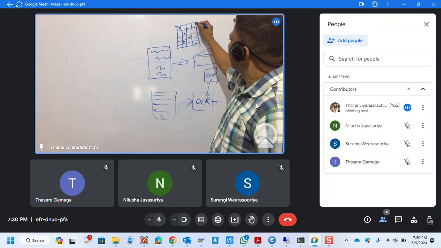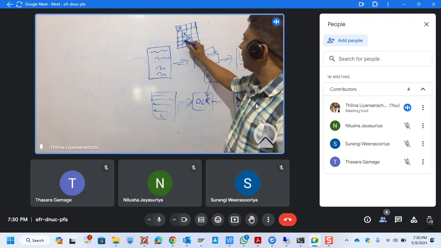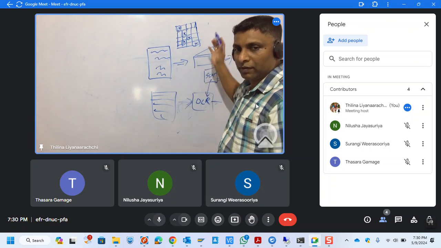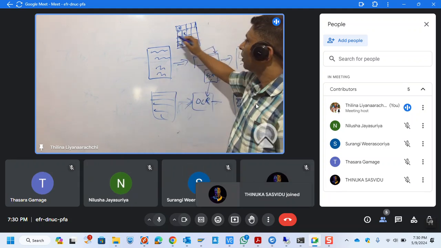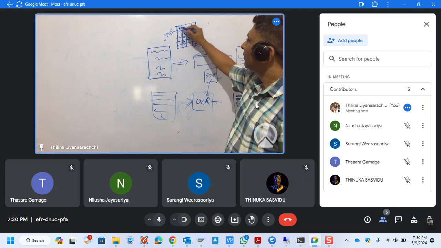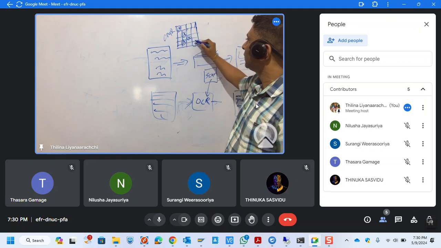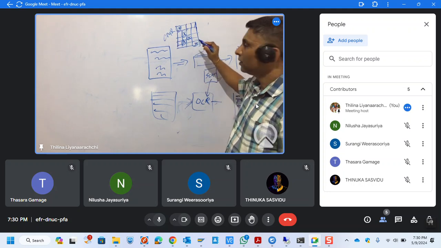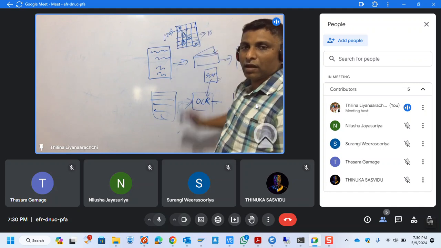It can straight away capture the marked entries and we can get a very quick output. Through OMR readers, we can check your MCQ answer sheet markings. It can straight away say how many answers are correct out of 10.